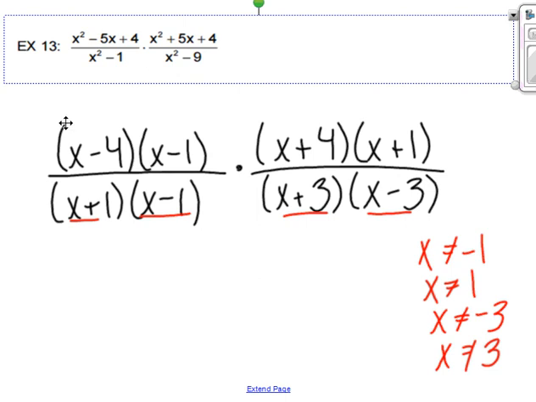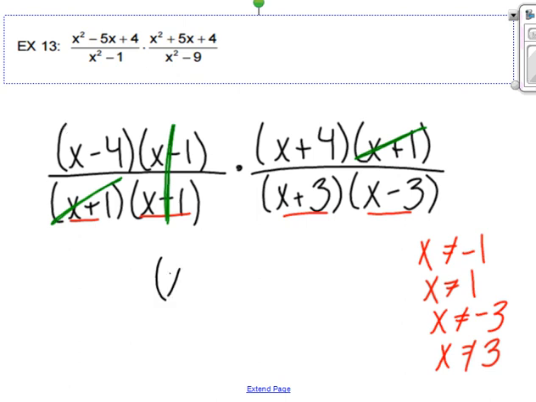Now the fun part, we start dividing out. So x minus 1 over x minus 1, that's a 1. What else do we have? We have an x plus 1 divided by an x plus 1. And it seems like there should be more, but there aren't. So I'm going to then multiply across.